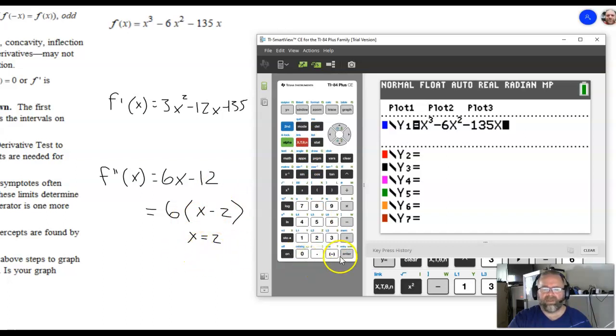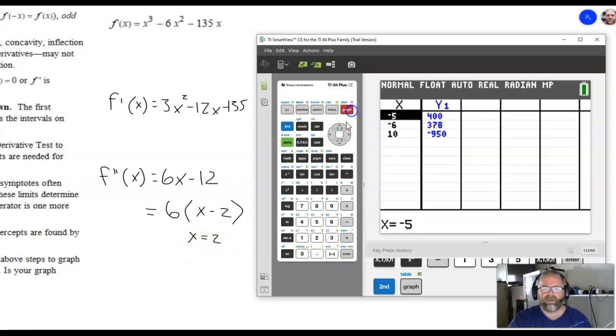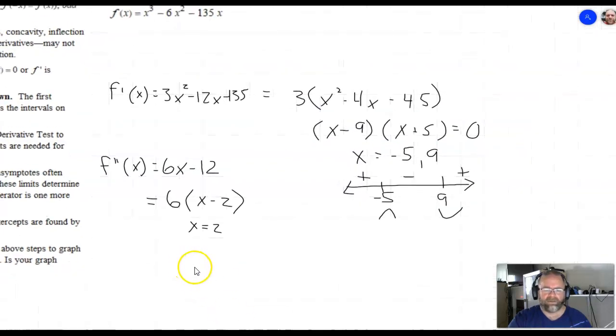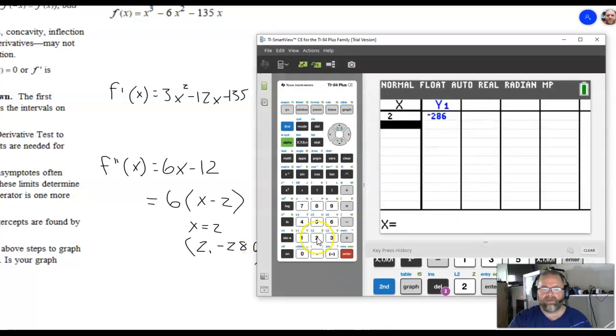So our point of inflection, if we just go back over here and plug in the x value, 2, we have a point of inflection at 2, negative 286. And let's find where this local max is. So I'm just going to put in that negative 5 there.